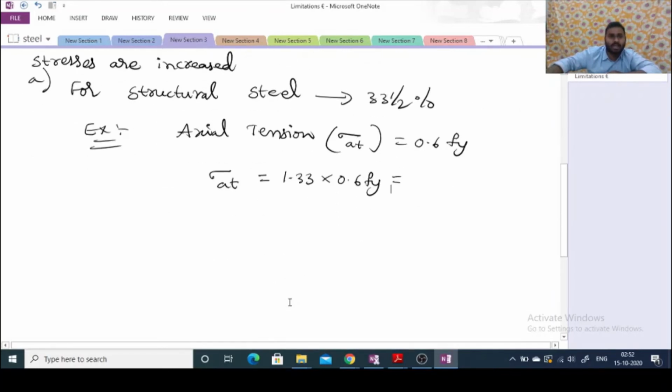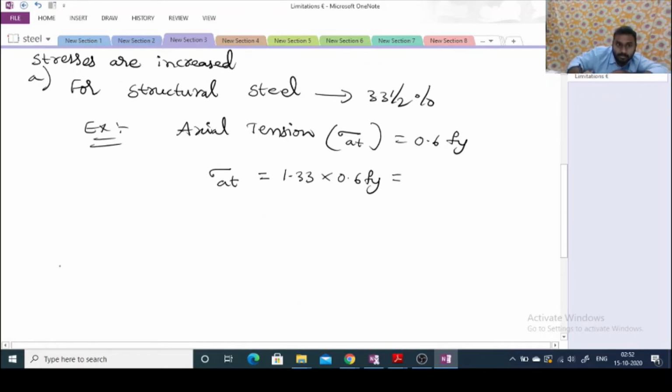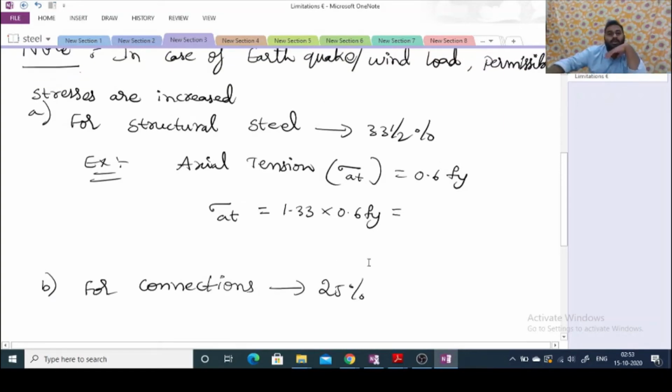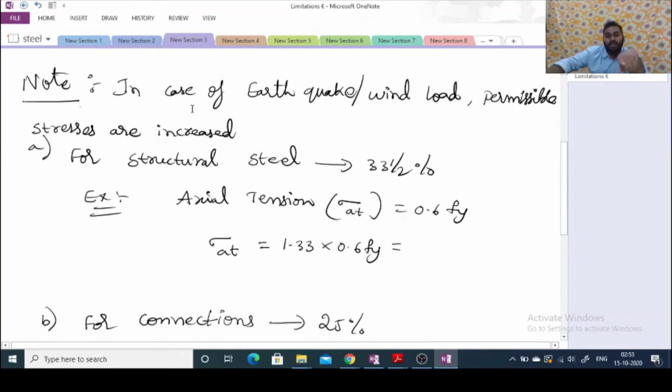Now let us see for connections. The increase is 25%. For connections, the increase is 25%. So this is the second point in the note. Once again, I repeat, in case you consider earthquake or wind load, then permissible stresses are increased.